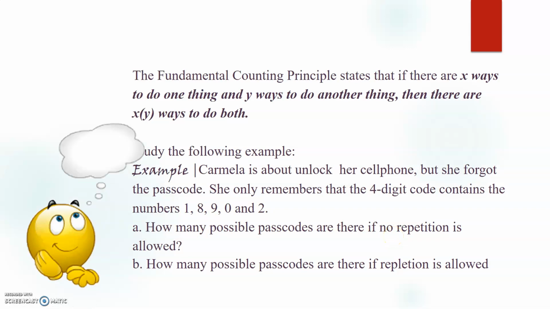So, again, the passcode is a four-digit code, okay? And it's important to take note that no repetition is allowed. So, let's try to represent our codes into circles.